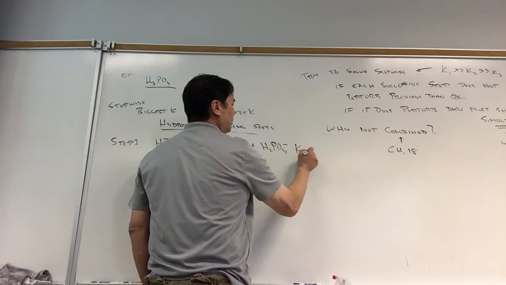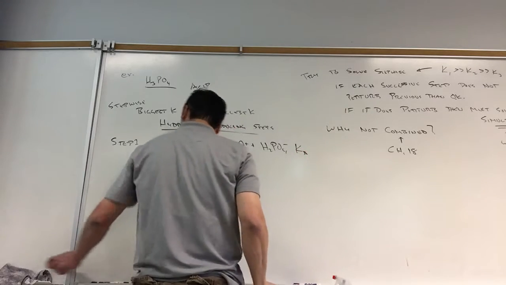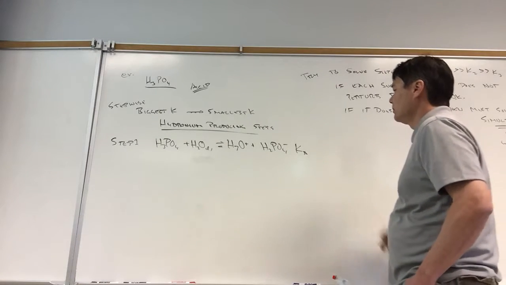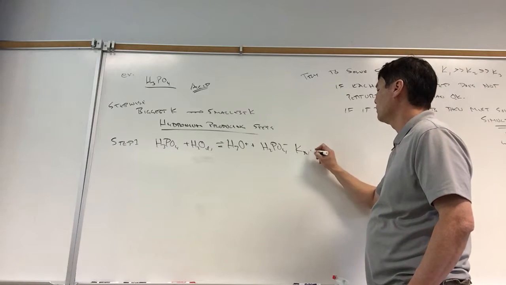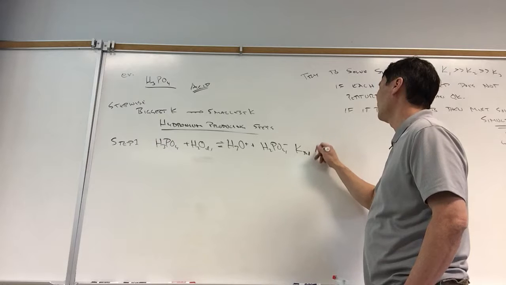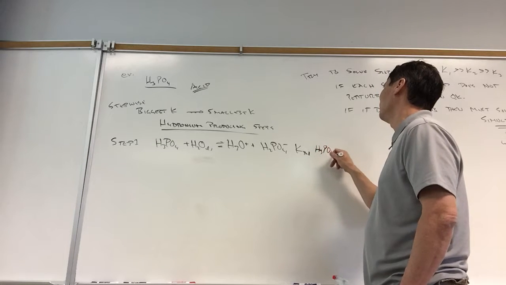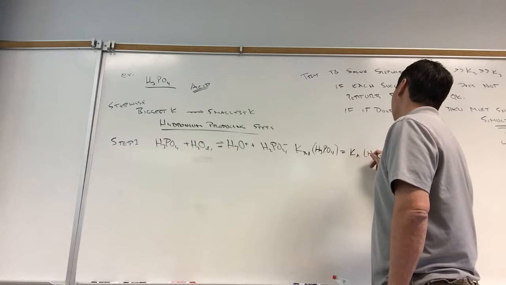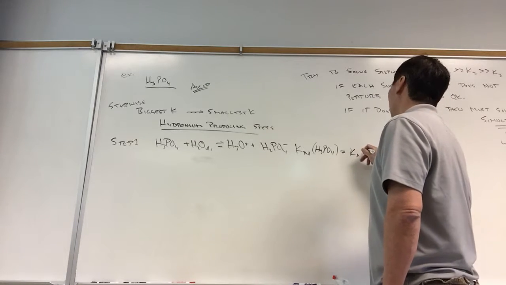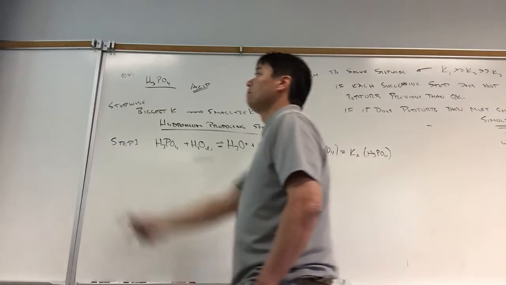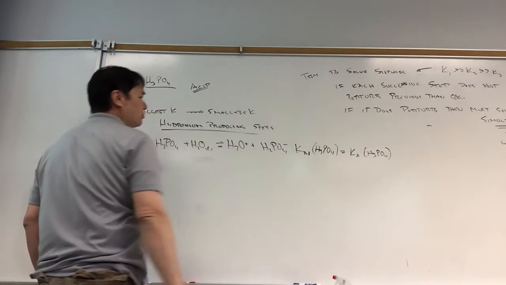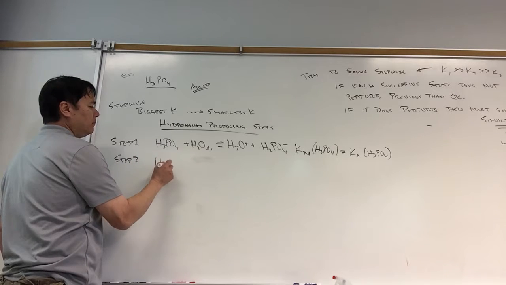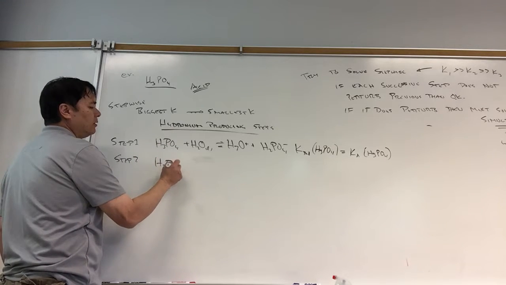This is step 1, so we'll call it Ka1 for the first step of phosphoric acid, H3PO4. This is equal to Ka for phosphoric acid, which is 7.1 times 10 to the minus 3. Then step 2 would be the second proton breaking off.